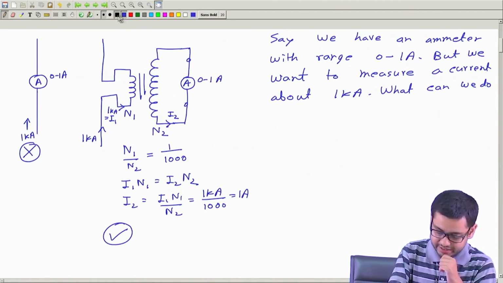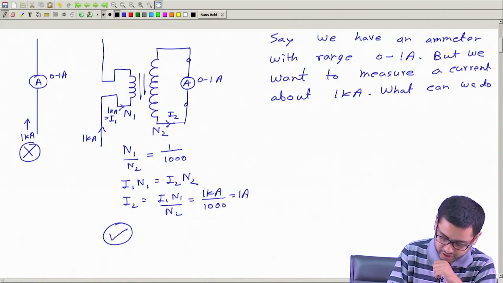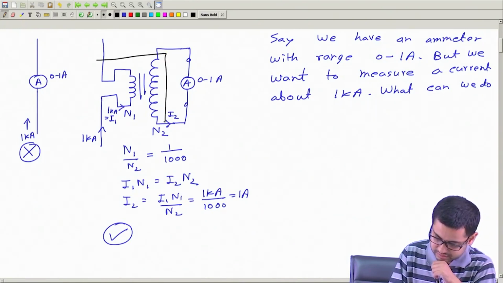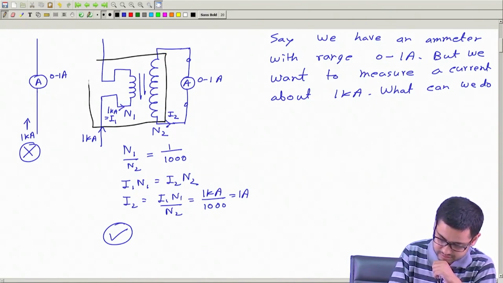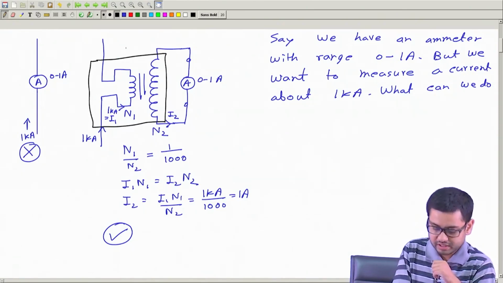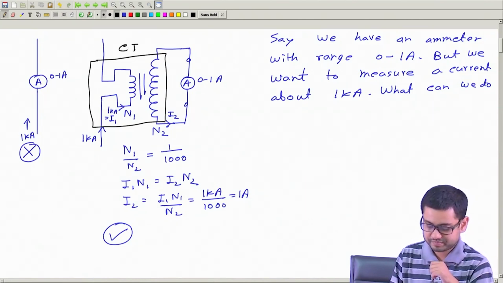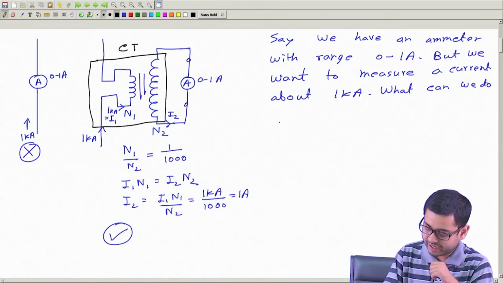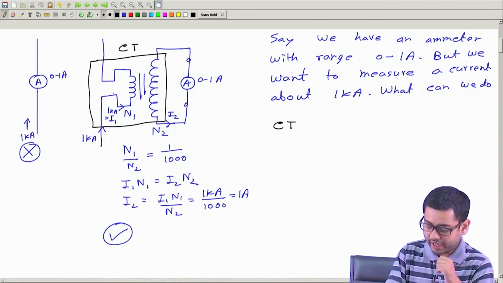And this transformer we call a current transformer, and the main function of the current transformer is to bring down a high current to a measurable low value.